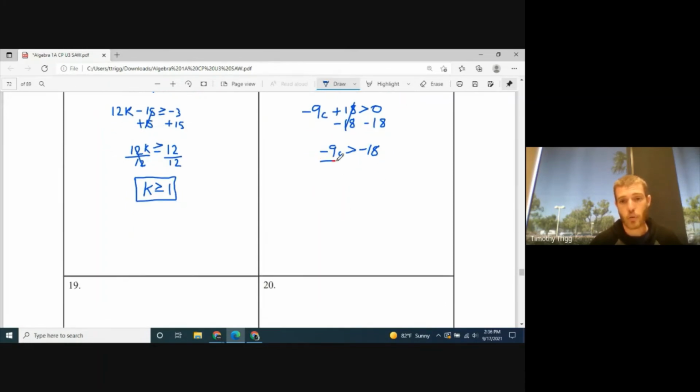Lastly, to get c alone, we're going to divide by negative 9. So here we divided both sides by a negative, right? So that's going to give us that c is less than 2. Okay, because remember, if you divide both sides by a negative, that flips your inequality. Okay, so it changes from a greater than to a less than in this case.